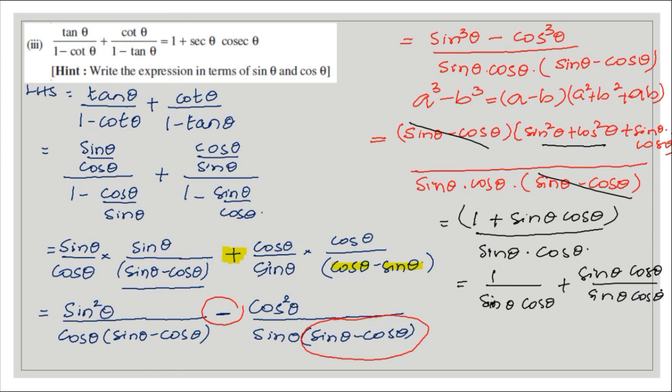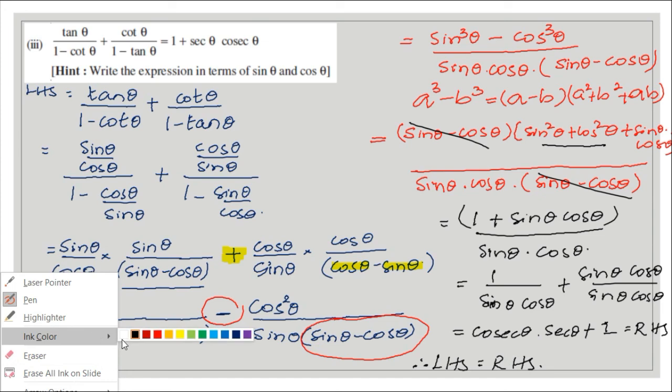I have divided the terms respectively. You can check back. If you take the LCM, we'll get the previous step only. 1 upon sin theta is nothing but cosecant theta. 1 upon cos theta is nothing but secant theta. This particular thing is 1 because they get cancelled. You observe it's the same thing which is there in the right hand side. Therefore, left hand side and right hand side are equal.